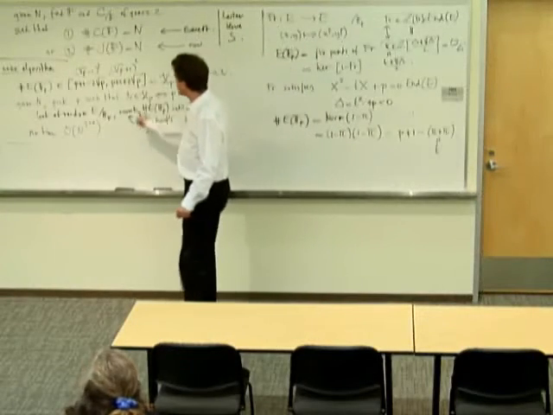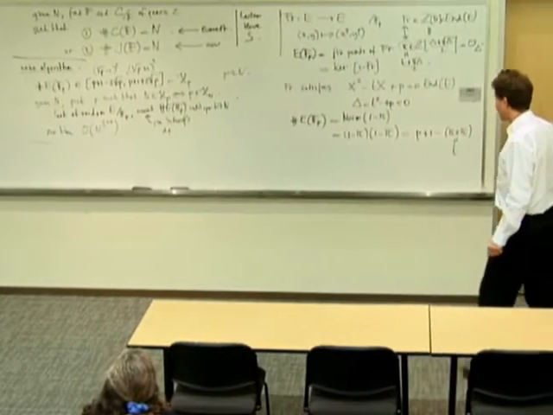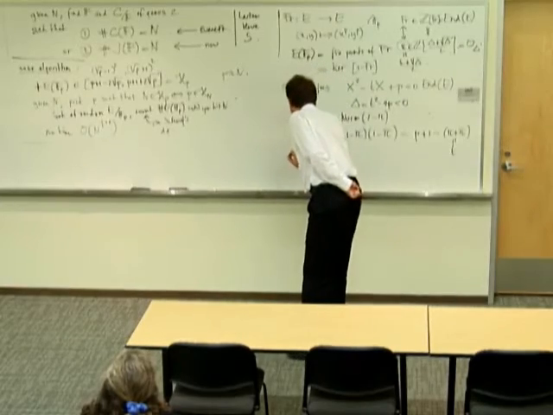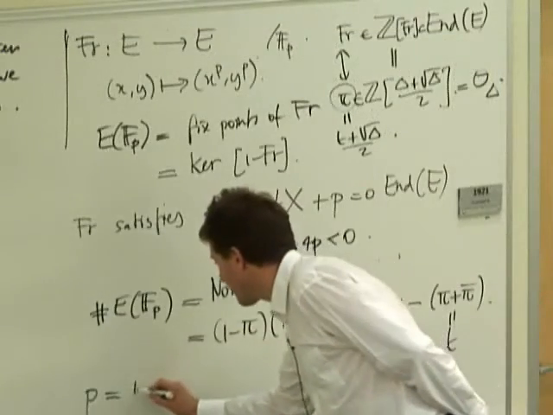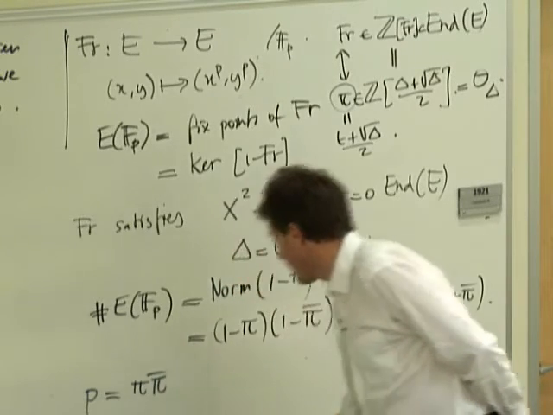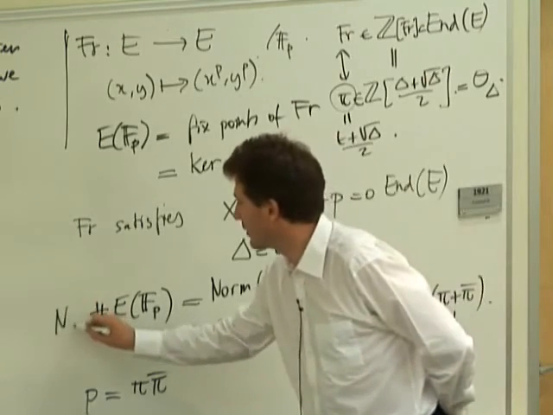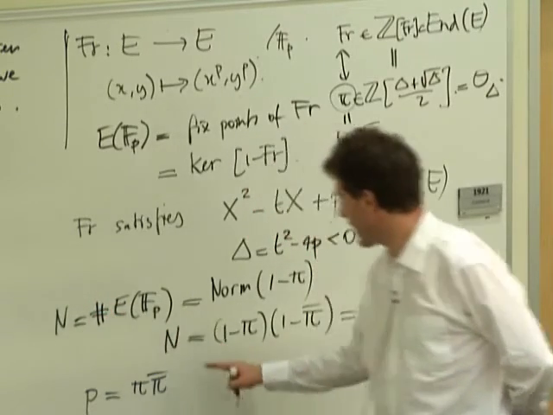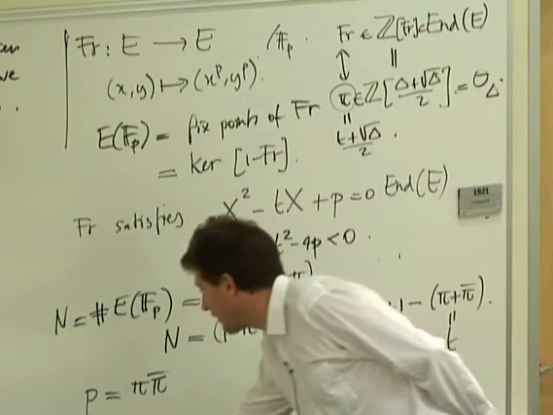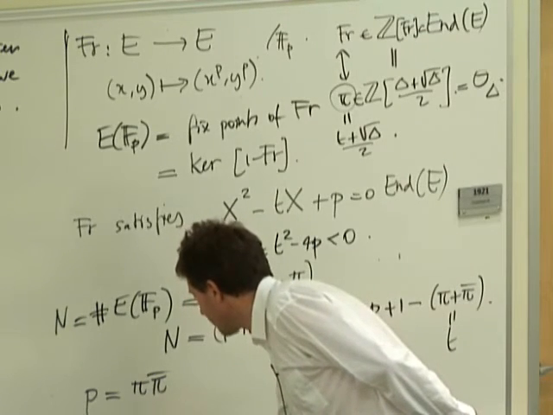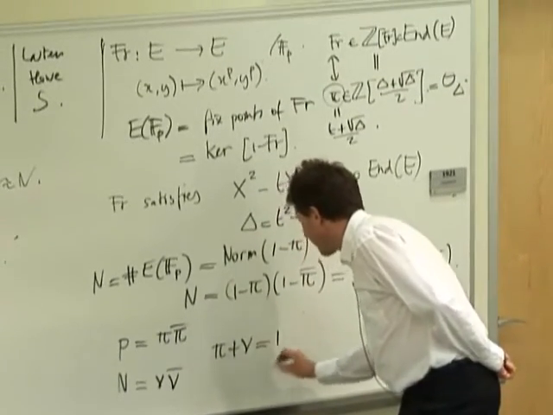And the reason that everything is symmetric in p and n, to come back to your question, is that the way p and n arise is that p is pi times pi bar, and if n is the order of the elliptic curve, then you see that n is 1 minus pi times 1 minus pi bar, so that means that n can be written as nu times nu bar, where pi plus nu equals 1.